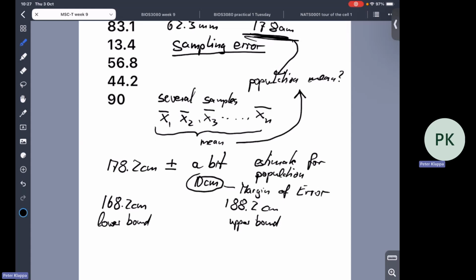Only if I did that. But if I can't do it for one reason or another, then I have to resort to the margin of error and to the upper and lower bound of this range. I'm pretty confident that the true population mean is located in there. Brilliant.